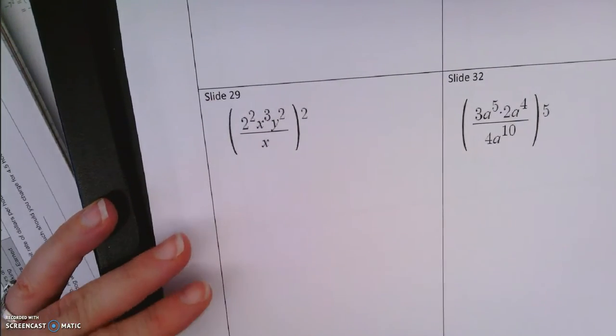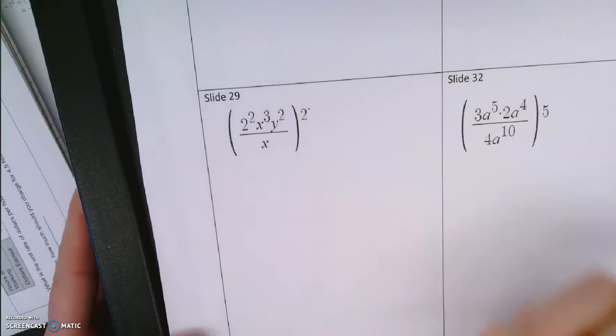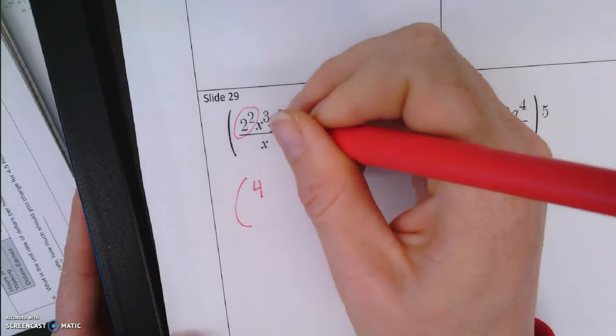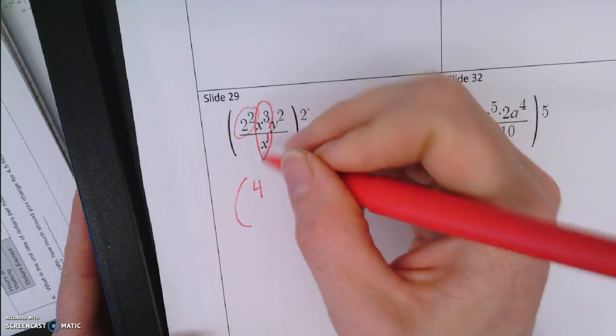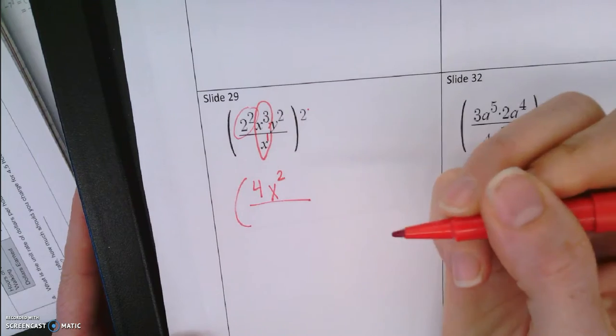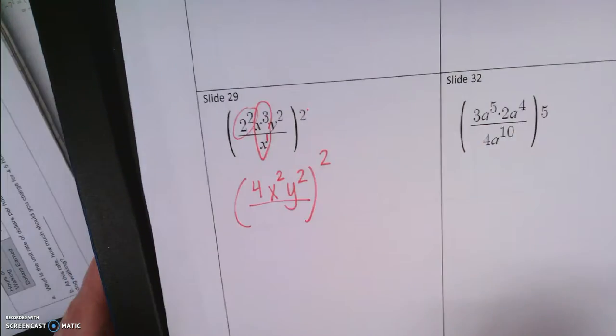Don't forget, sometimes you can simplify inside the parentheses first before you apply that exponent. So I'm going to say 2 squared is 4. X cubed over x. One factor of x will cancel out, and I'll be left with x squared in my numerator. And then I still have that y squared in my numerator, all being squared.